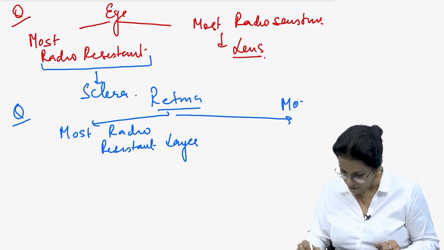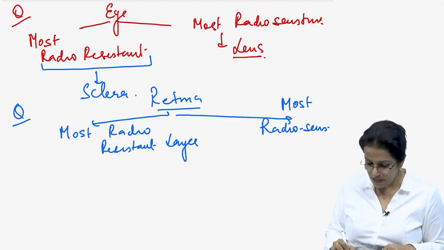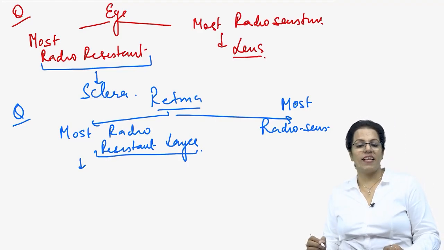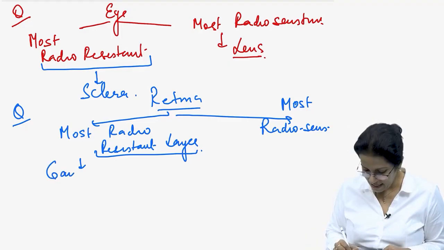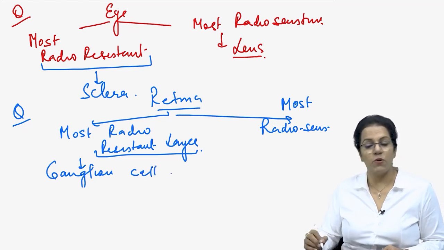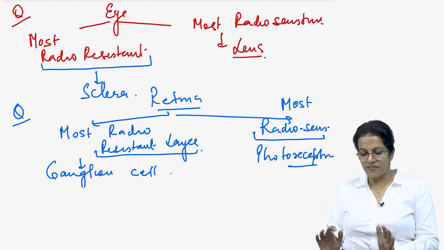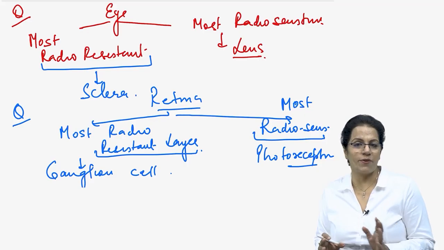So most radio-resistant, if they ask you, what should be your answer? You will answer ganglion cell layer. Okay? Ganglion cell layer. And most radio-sensitive, the answer is photoreceptor layers, rods and cones. Right? Okay, so these were some important exam questions around this topic.